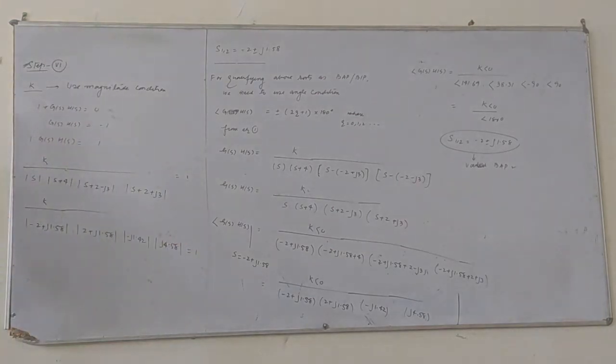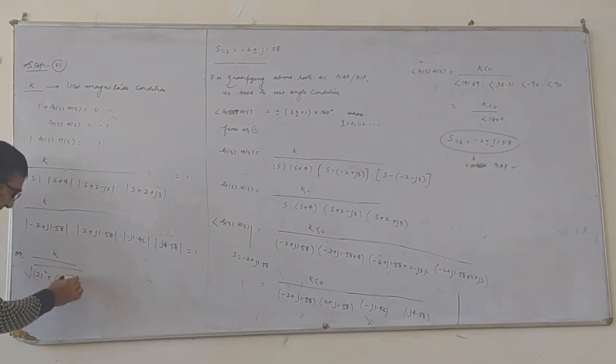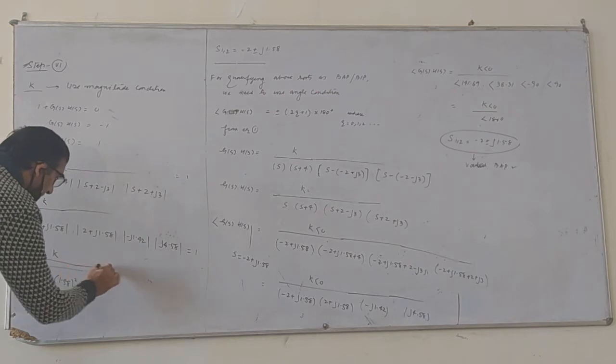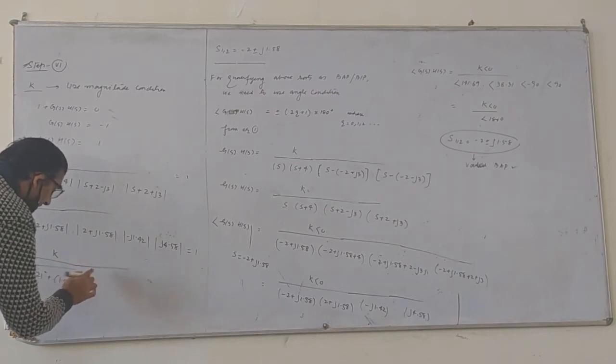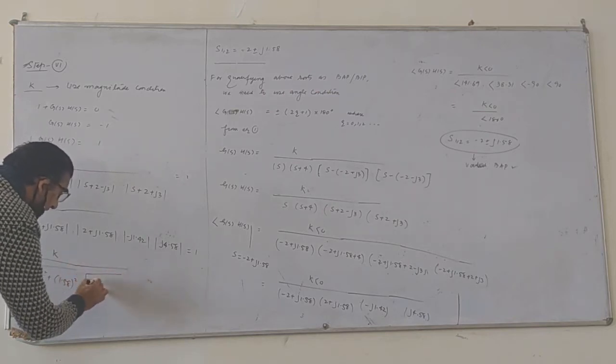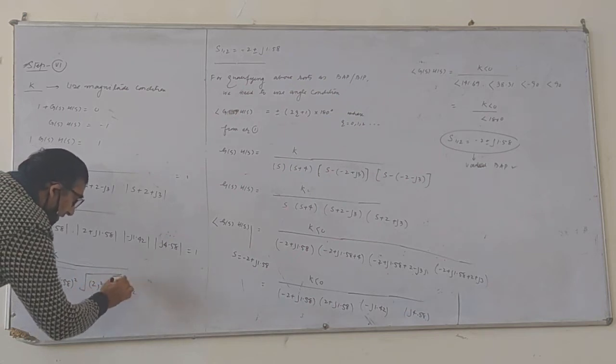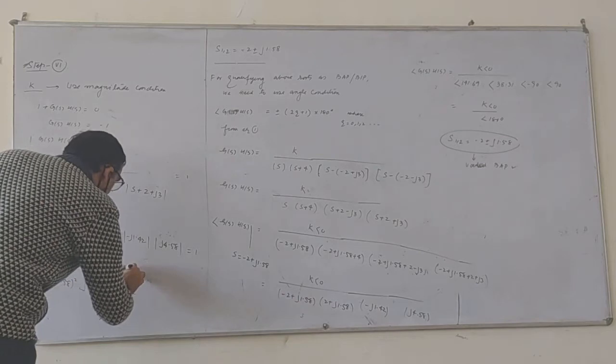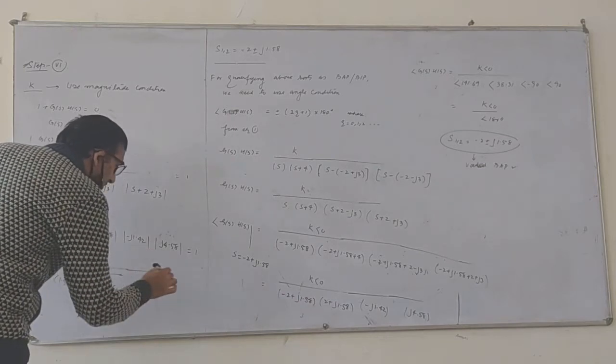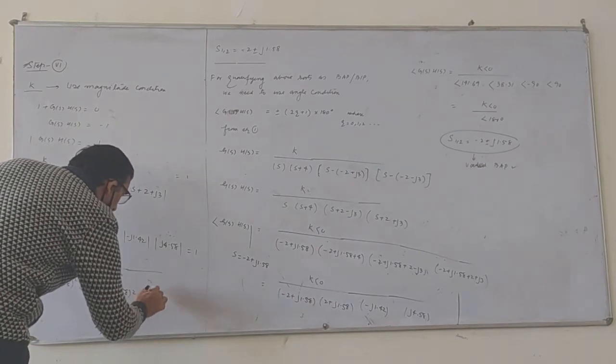Now taking the magnitude of this one, under root of real part square plus imaginary part square. You can take different under roots, or you can take the same under root, there's no problem. 1.58 whole square, then 0 plus this will come out under root whole square.